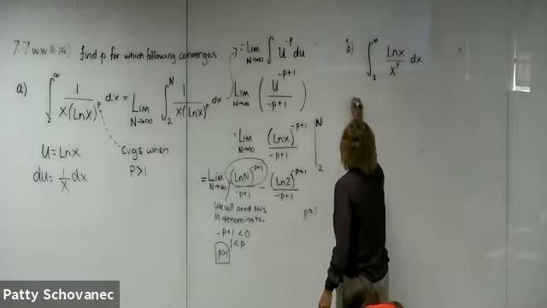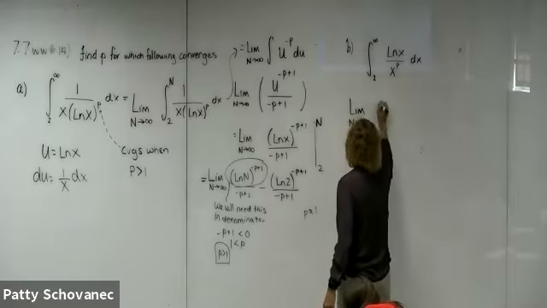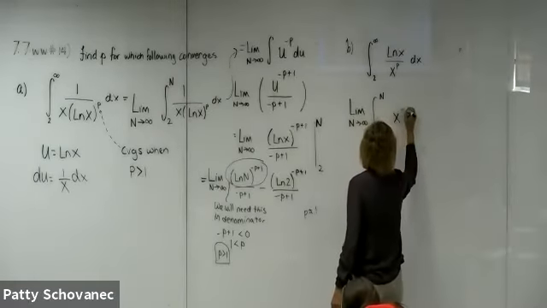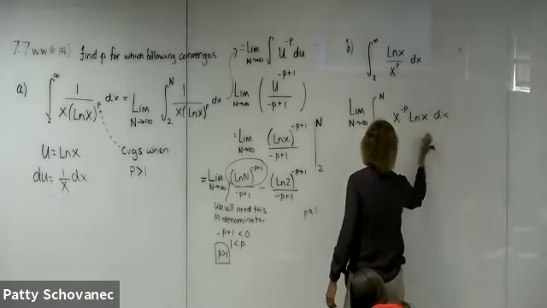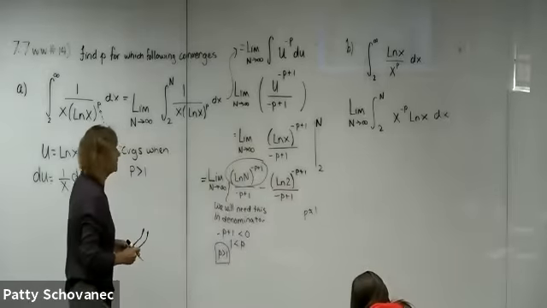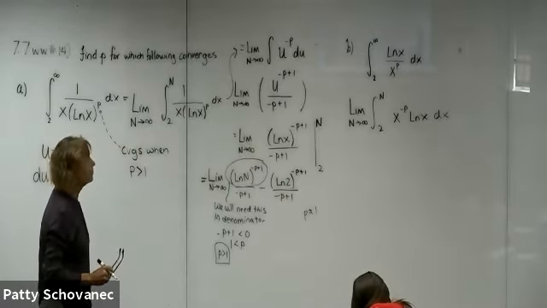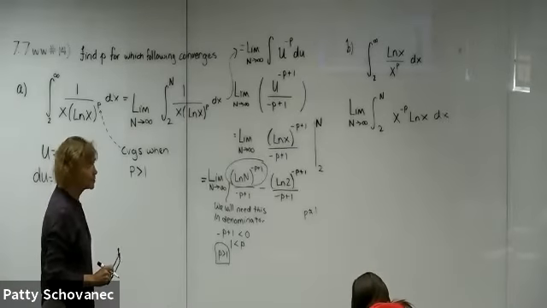So again, I'm going to write that as a limit, n goes to infinity, of the integral from 2 to n. Let me write that as x to the minus p times the natural log of x dx. So it's no longer a u du integral unless p was equal to 1. But in general, how do we do an integral that looks like that? Integration by parts.